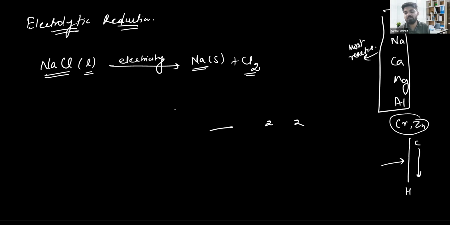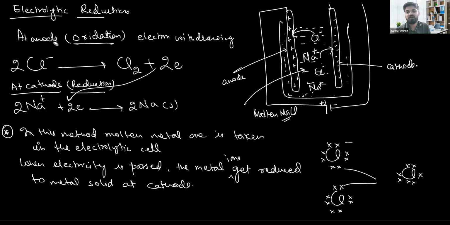You need to note down what happens with Na. The anode is positively charged and the cathode is negatively charged. In the electrolytic cell, we have a positively charged rod and a negatively charged rod.